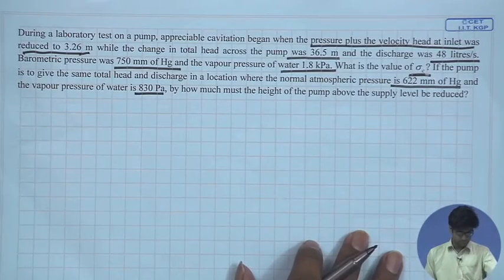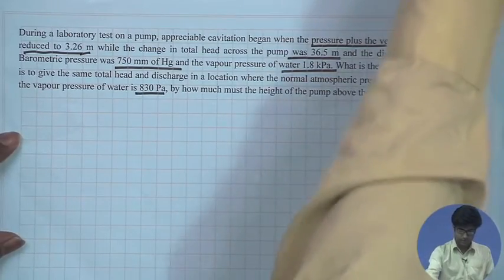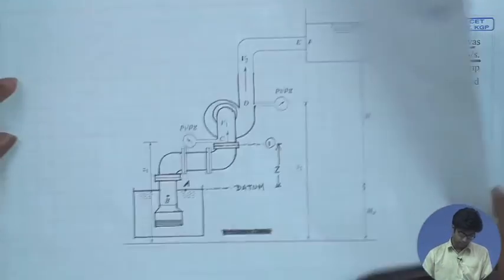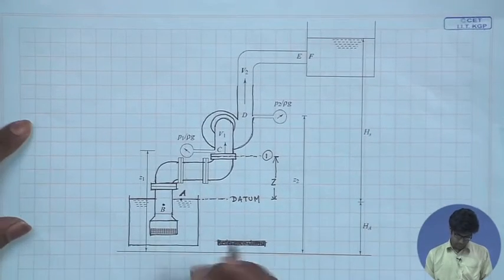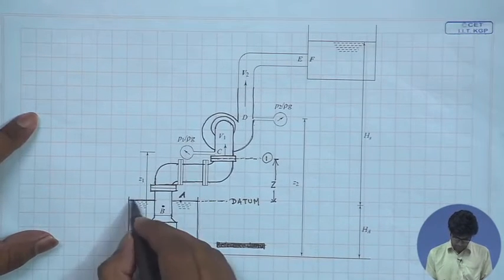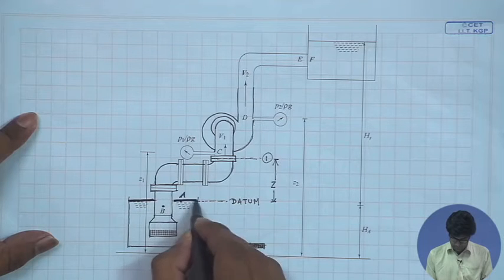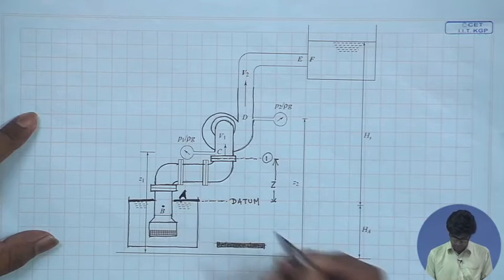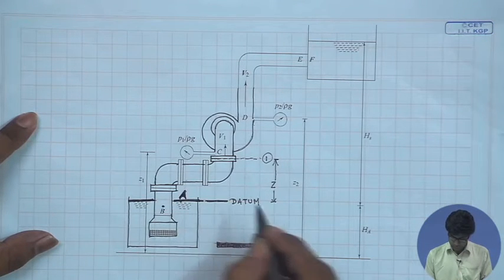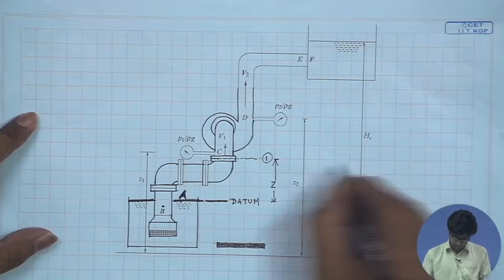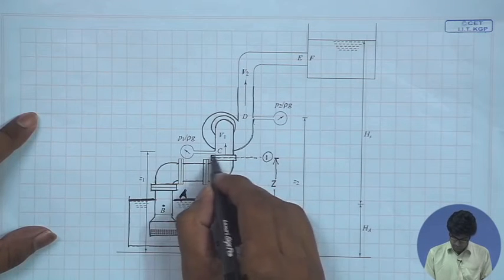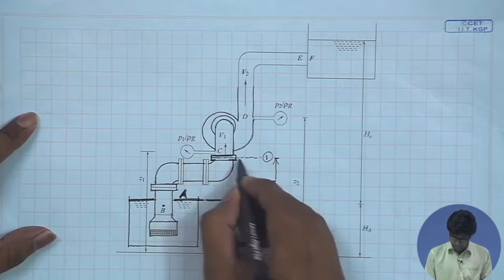So, before starting the problem, let me show you a schematic of the pump. As you can see here, this is the water level in the reservoir. We denote it by A, this section, and we will consider this as the datum. This is the impeller inlet.